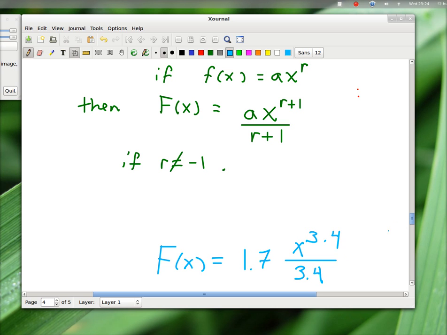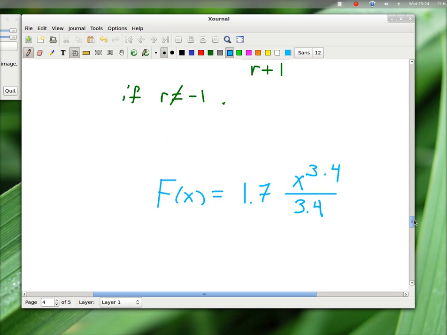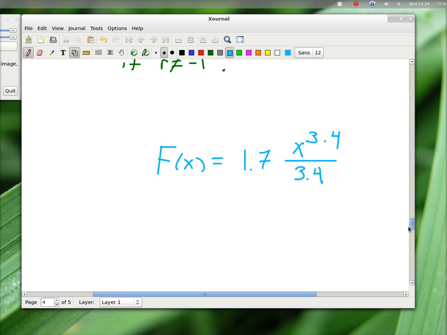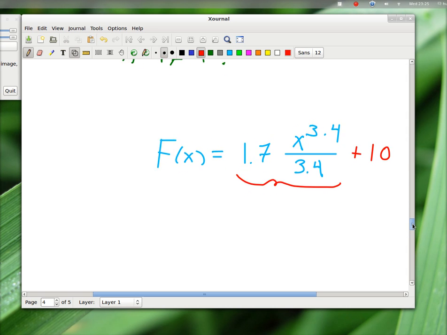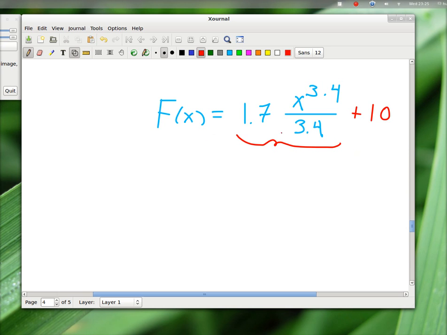So now you are entitled to say, okay, smart guy, where are the other ones? The other ones are all of the form this plus some number. Like what if I do plus 10? You can see that if I do plus 10 here, the 10 ends up not making any difference because when you take the derivative, the constant goes to 0.